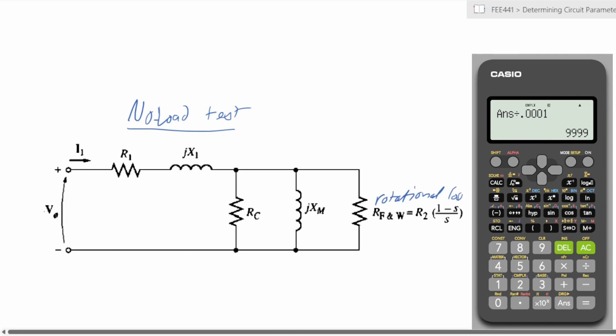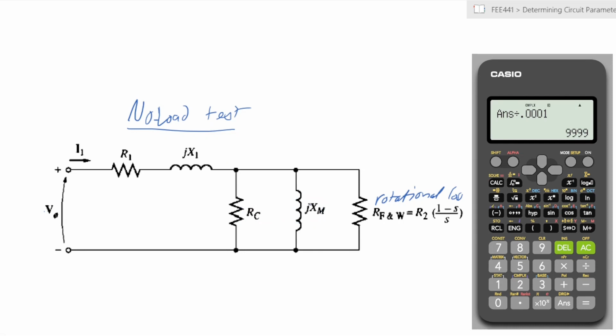You have your magnetizing inductance and you have your core losses there. And so this now would represent your final modified circuit that shows how the circuit appears under no load test conditions.